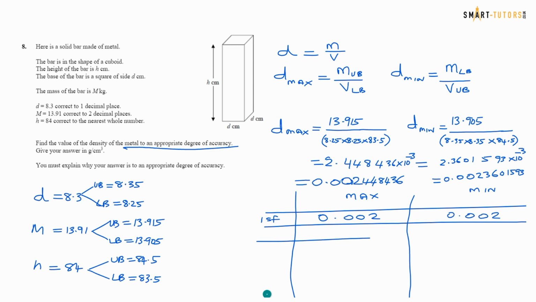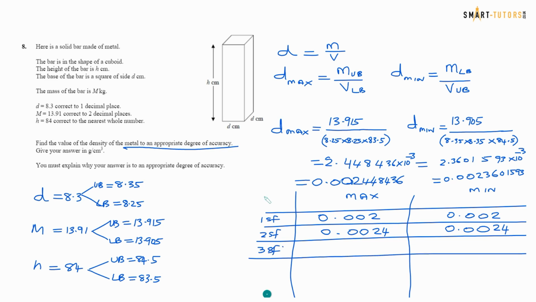If I round to 2 SF, it's going to be 0.0024, right? And here is 0.00, 2 SF means the third one is 6, which gives 1, so 2, 4. And if I round to 3 SF, you need to do this until you get a different number.